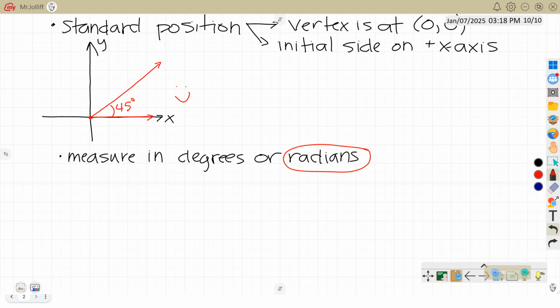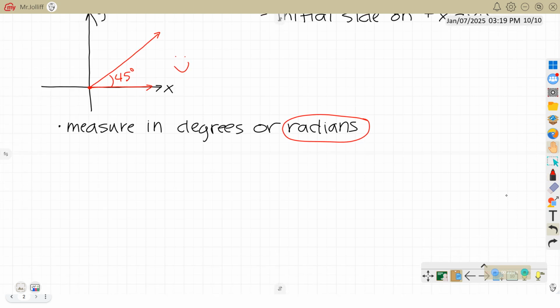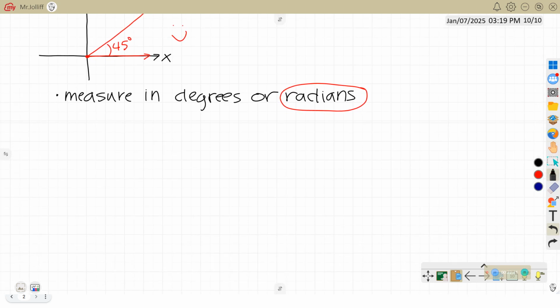Because oftentimes you'll be given degrees, you need the other thing. So we're going to do a little bit of thinking, and we're going to start with a shape we're familiar with, which is a full circle. How many degrees in a full circle? 360. Very good. 360 degrees. And I also know that a full circle in radians is 2 pi.